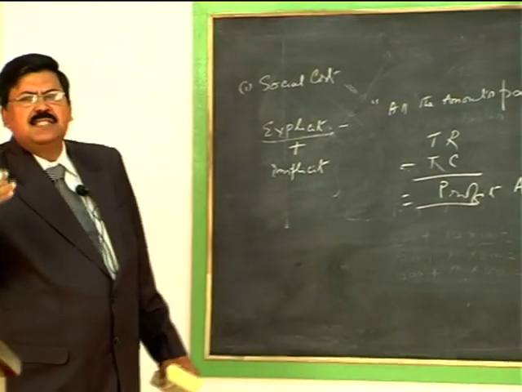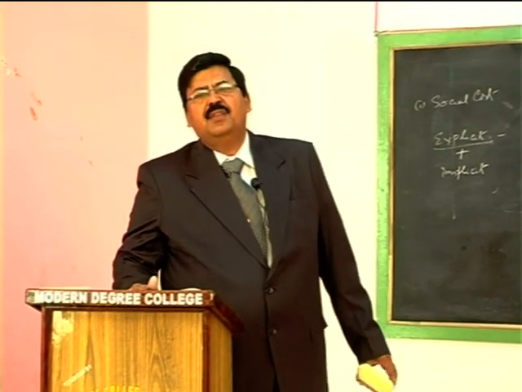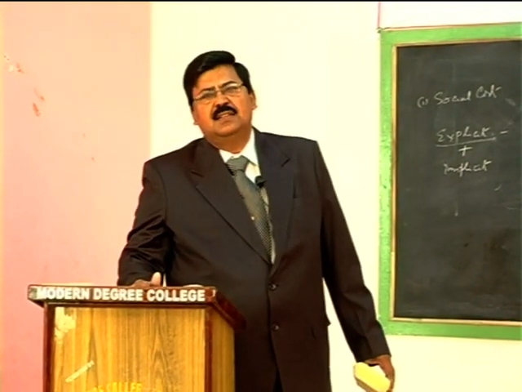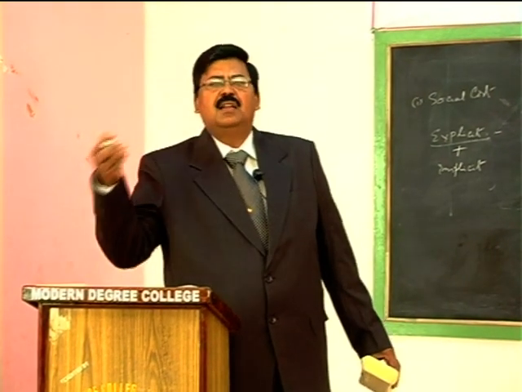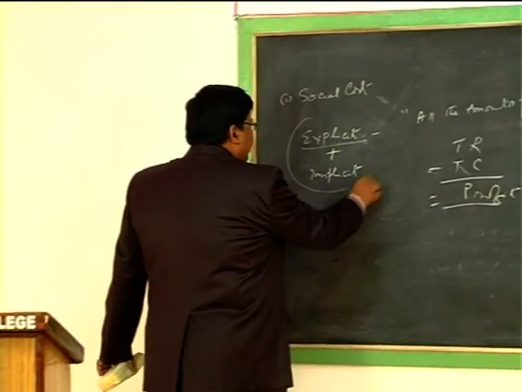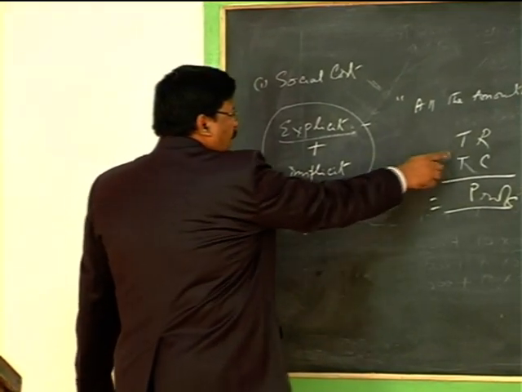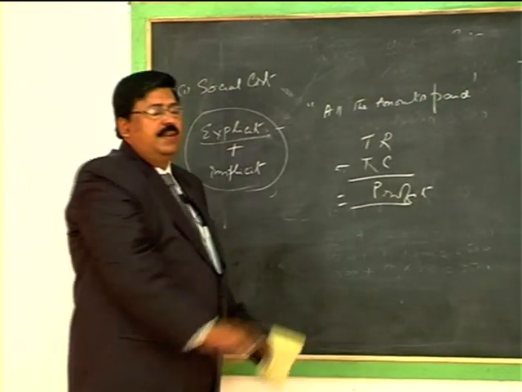The value of the next best alternative, that is called implicit cost, and we also call it opportunity cost. Opportunity cost of using his own investment money and also time, that is called implicit cost, and you have to take these two into consideration, that constitutes the total cost. And now the profit is known as economic profit.